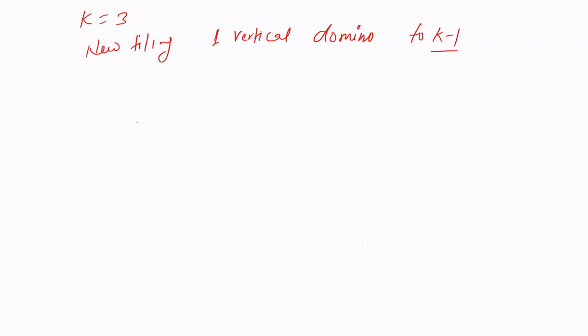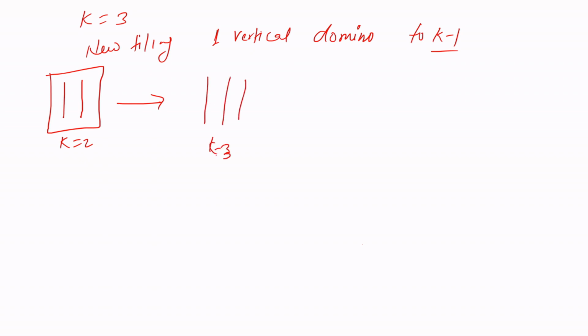So if we have k equal to 2, it means we have one combination and another combination, right? This one. So both are horizontal. But when we take k equal to 3, it means we have 3, right? This is k equal to 3.